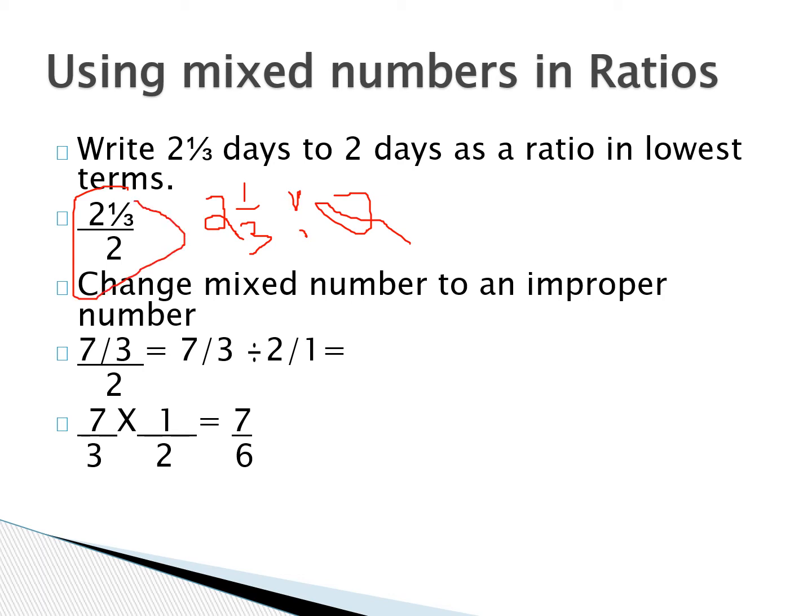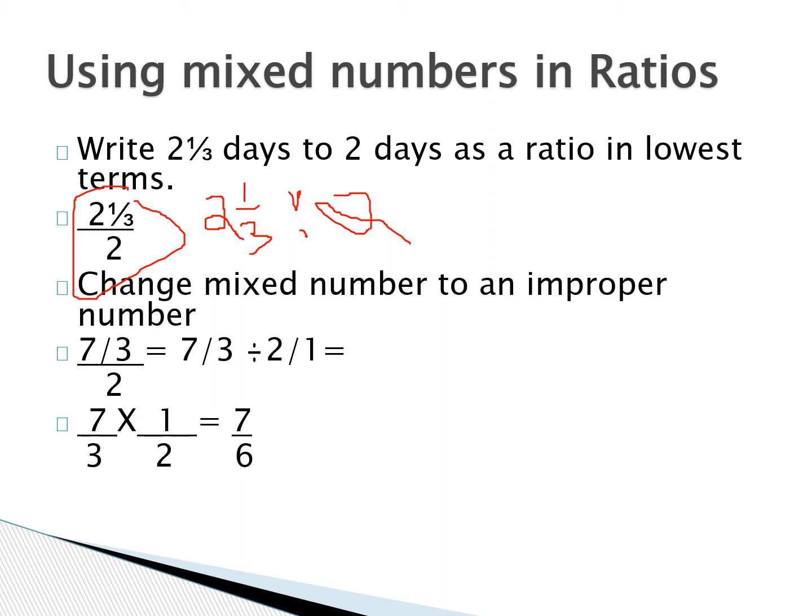Then we've got our fraction format here. We have 7/3. We have to flip the second one here. The 2/1 becomes 1/2. We multiply straight across to get 7/6.